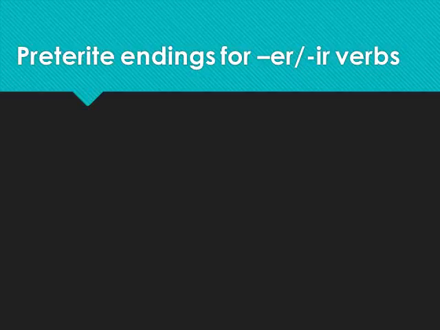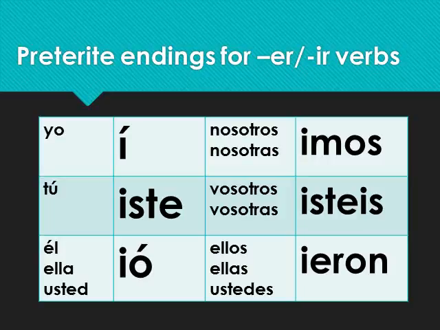For ER, IR verbs, the endings look a little bit different. However, they follow the same basic pattern as the AR verb endings. So here is our chart for ER, IR verbs. And there's only one set of endings that you have to remember for both ER and IR verbs. Okay?